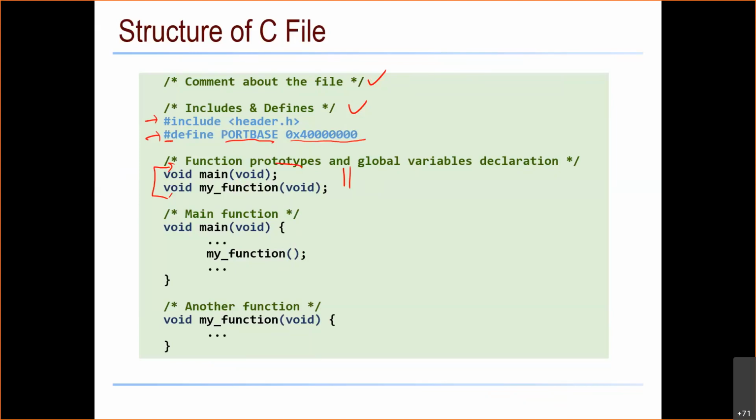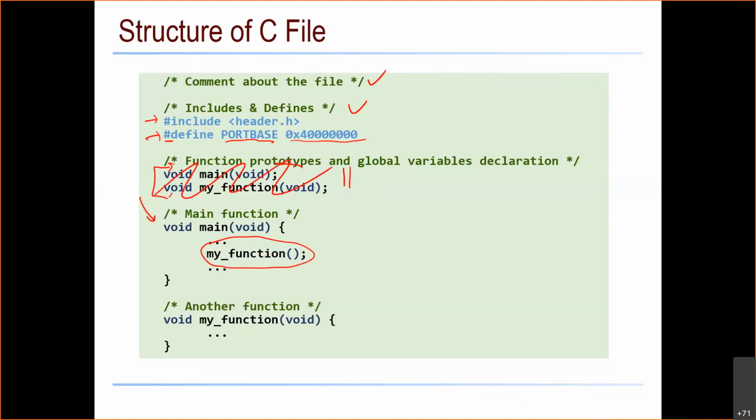The reason is because imagine if I don't have this. Let me delete this. Imagine my program is just here. So when I start my program at main, suddenly I find my function. The compiler is going to throw an error because the compiler will say that you have never declared my function. I do not know what it is.